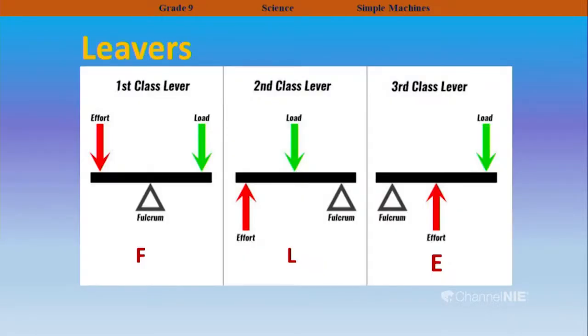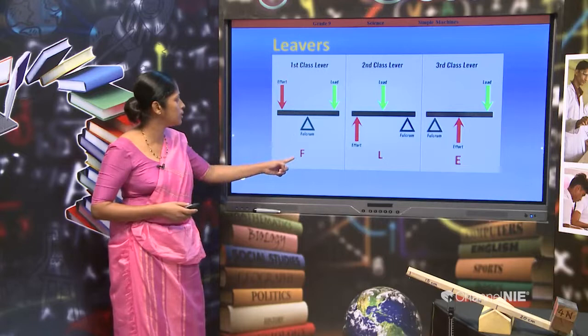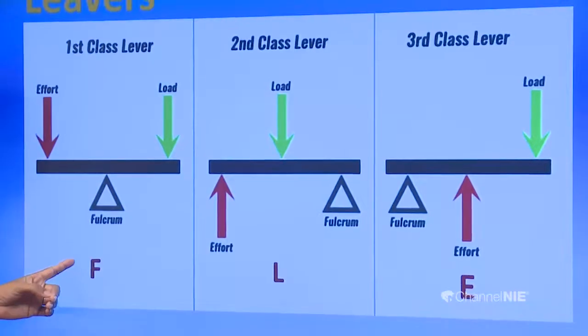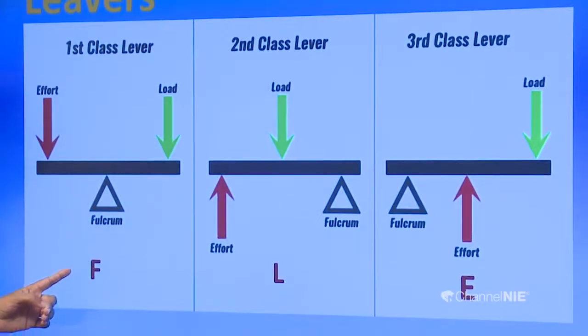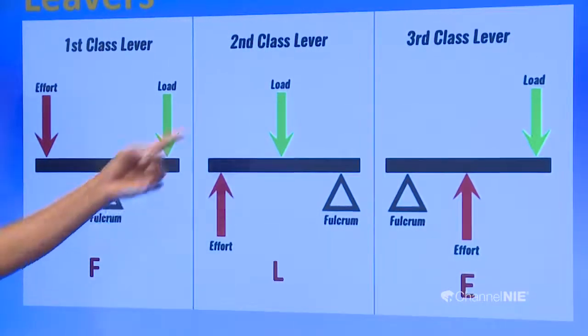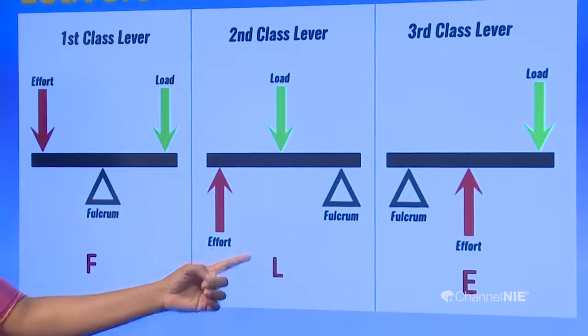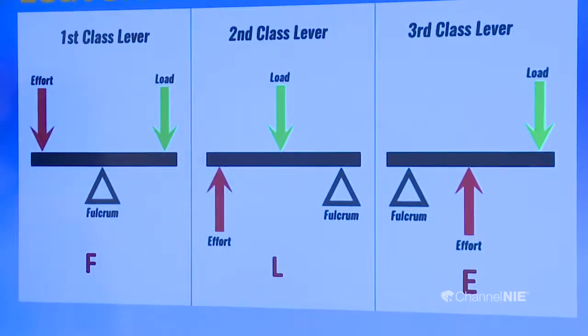If you find it difficult to remember, you just write FLE, with F first. In the first order levers, F is in the middle. That means the fulcrum is in the middle. In the second class levers, L is in the middle. That means the load is in the middle.